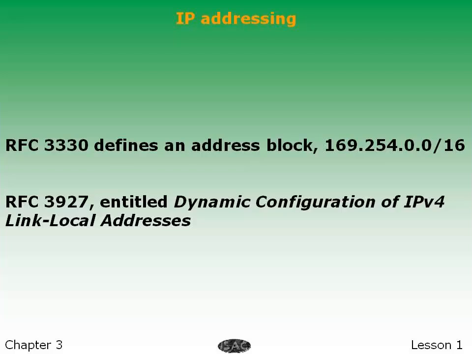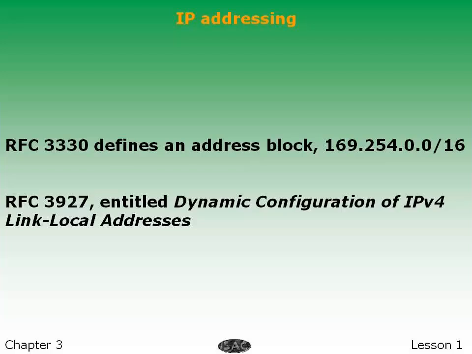At first, your computer will search for a DHCP server. If there is no DHCP server, it will assign a random IP address from this range, 169.254.0.0/16.